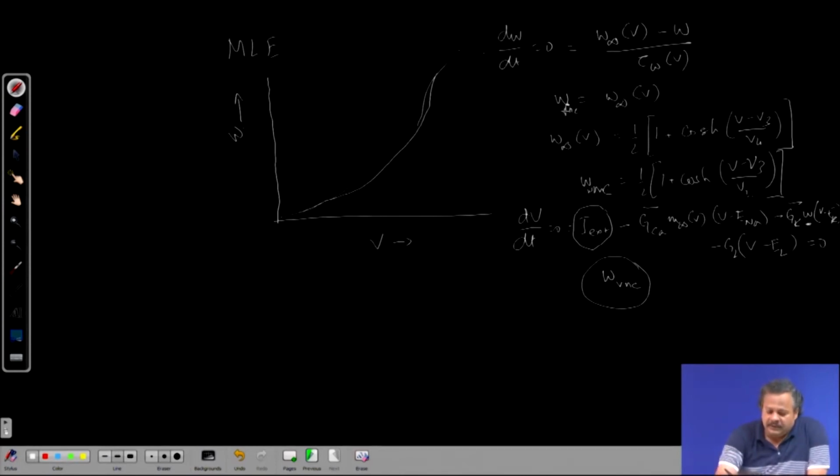So, this is W at the W nullcline, and this is W at the V nullcline. And this would be equal to these two terms on the numerator divided by G K into (V minus E K).